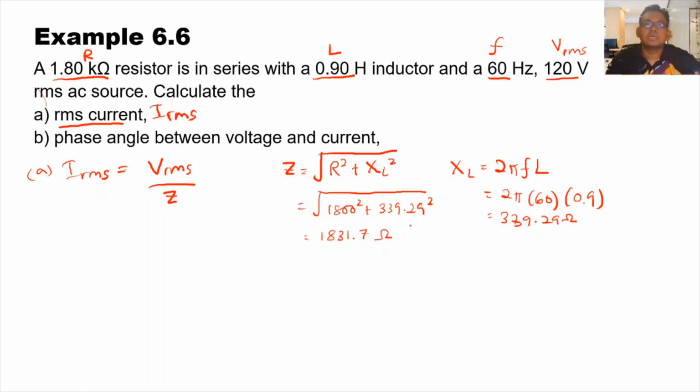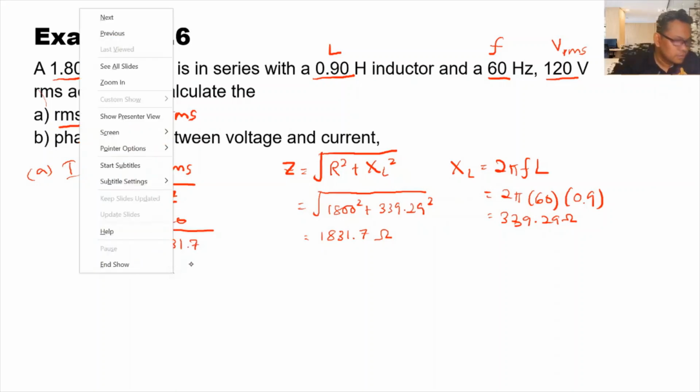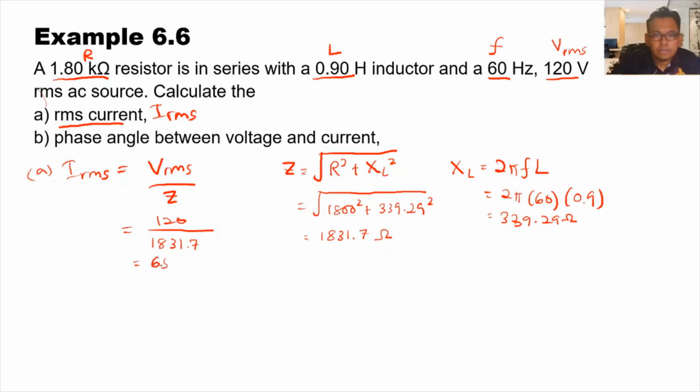So we already have the impedance, so we can calculate the RMS current. Just substitute, and we get 65.5 ampere.